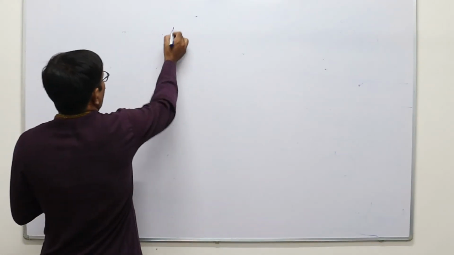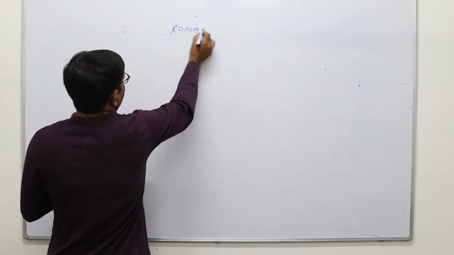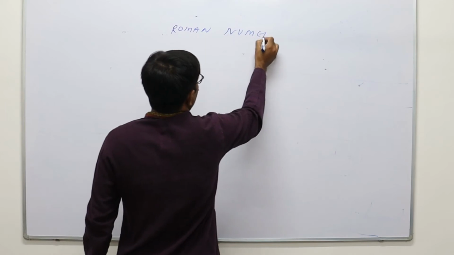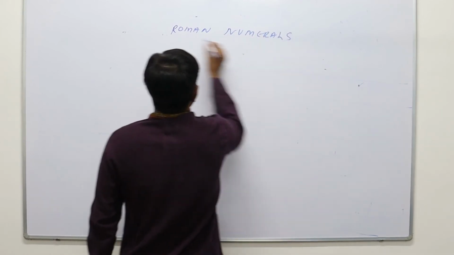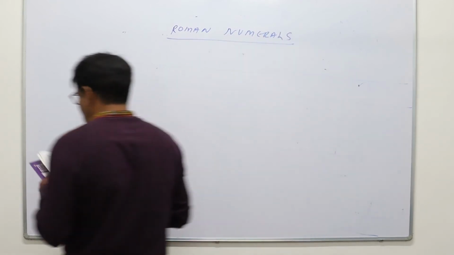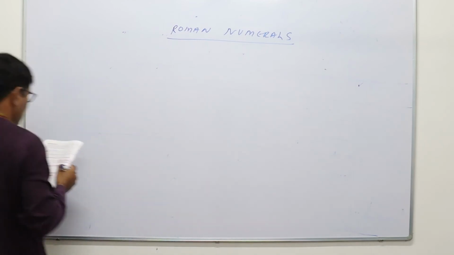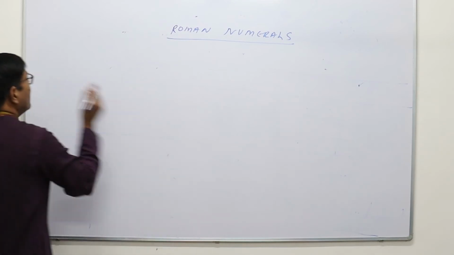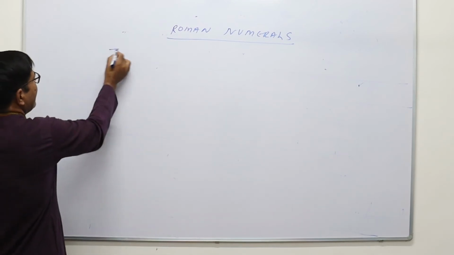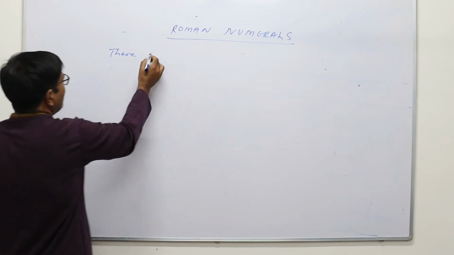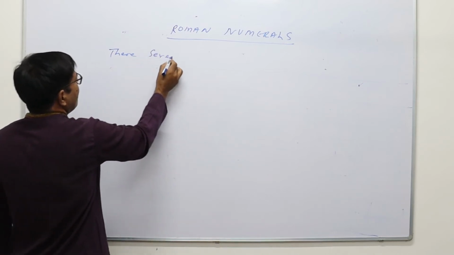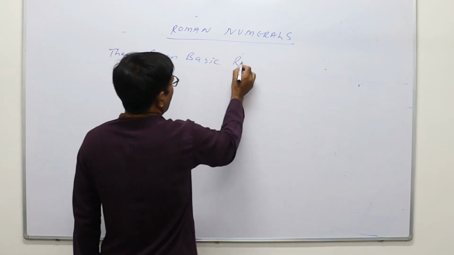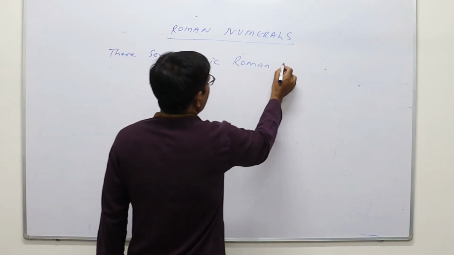Next one, Roman numerals. There are 7 basic Roman numerals.